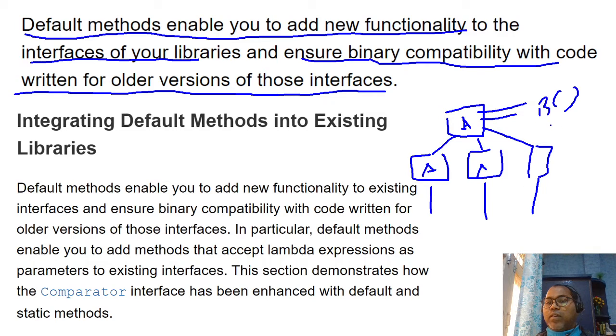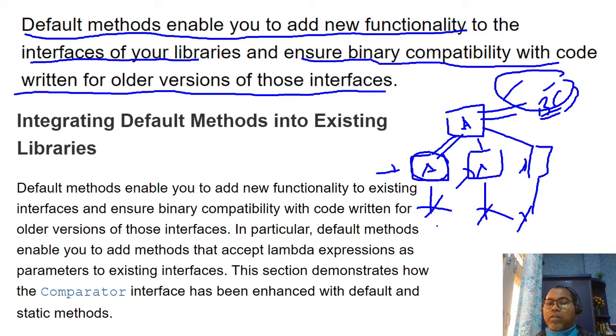If you do not give the definition of B, the compilation breaks. The assumption is that if a class implements an interface that defines an abstract method, this abstract method must be defined inside all the implementation classes. Sometimes we want to give some common functionality to each implementation, so you can write a default method here.